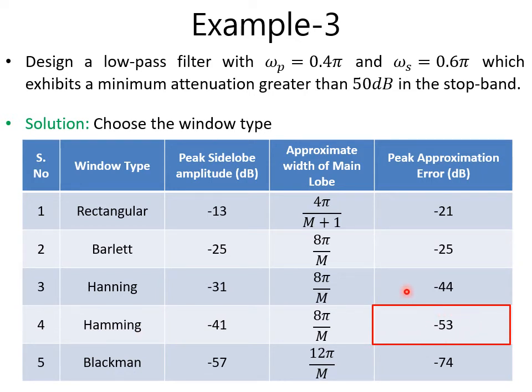So from this Hamming window we have a peak approximation error in the stop band which is slightly greater than 50, which is minus 53 dB, and the width of the main lobe is 8 pi upon M.